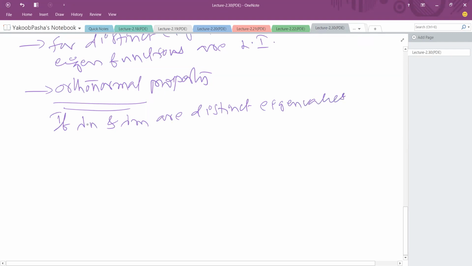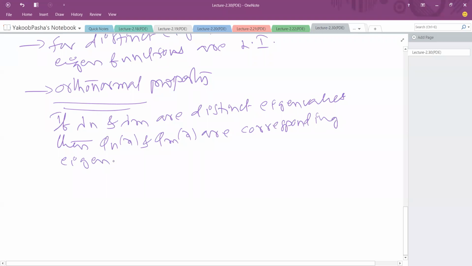For distinct eigenvalues, we have distinct eigenfunctions, phi n of x and phi m of x, as the corresponding eigenfunctions, where n is not equal to m. If n is equal to m, it is a different case.